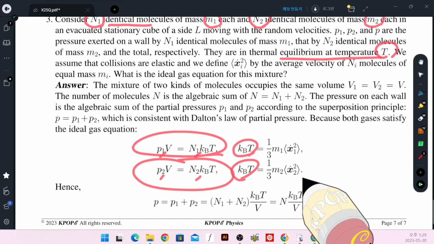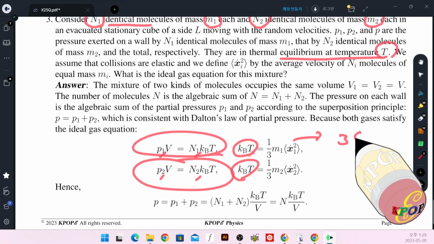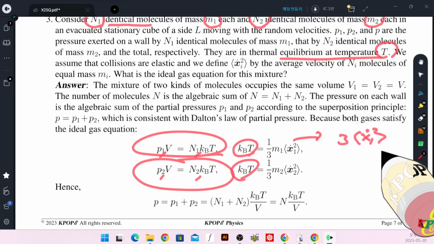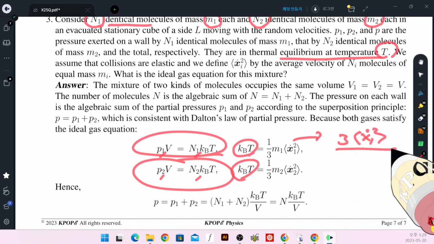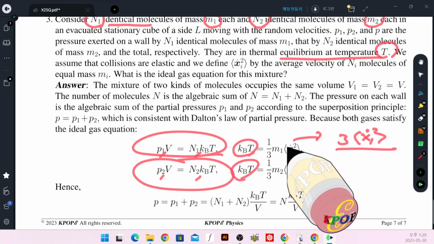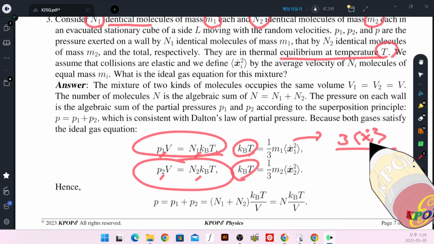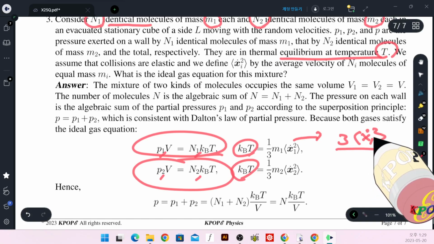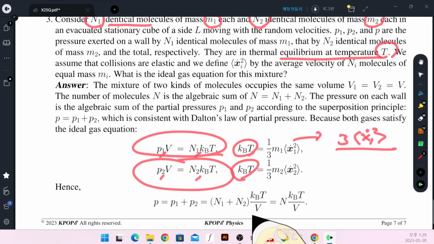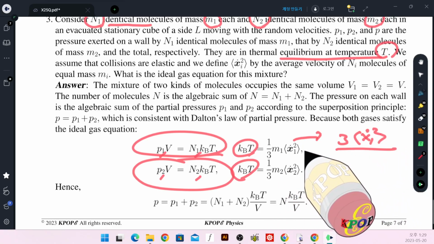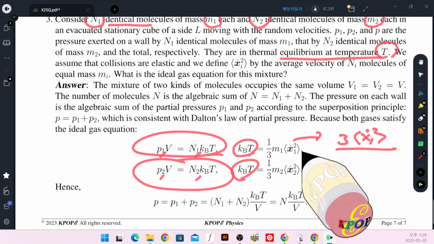Because this is 3 times x1 dot squared, where this is a vector dot squared, and this is a Cartesian component x, y, or z, that is to be replaced with k_B T, mass times a single Cartesian component velocity squared average.